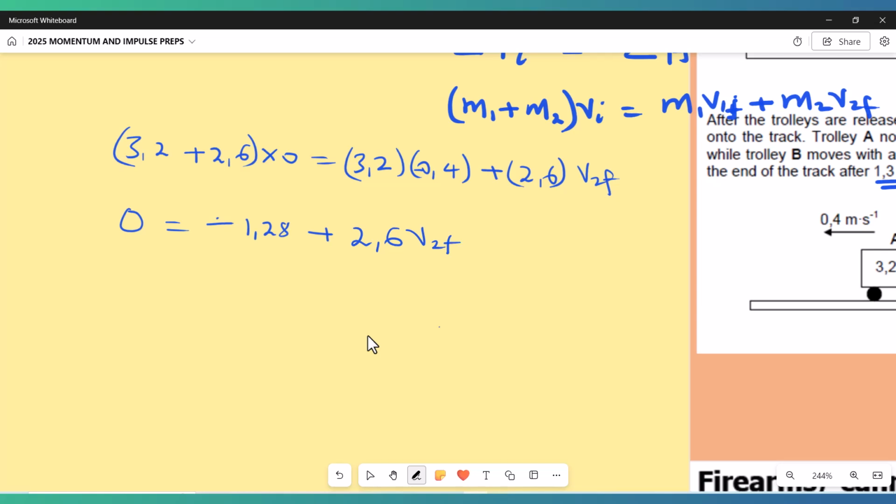Now the negative becomes positive, so 1,28 equals 2,6 V2 final.